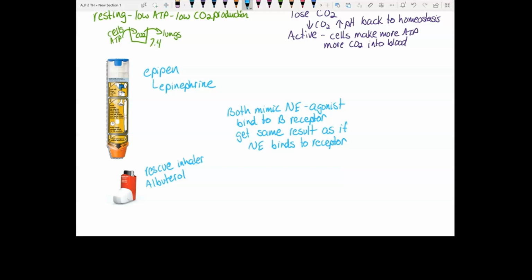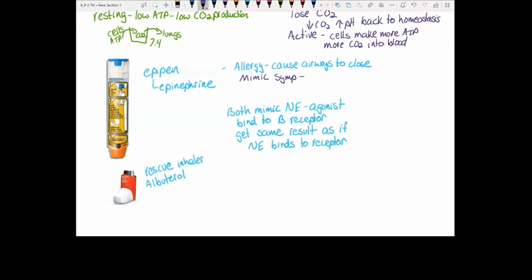That's what's happening here. The EpiPen is used to treat an allergic reaction. If you have a really, really bad, severe allergic reaction, you'll go into anaphylactic shock. The airways start closing up. So an allergy can cause the airways to close. So you take the EpiPen and you mimic sympathetic.